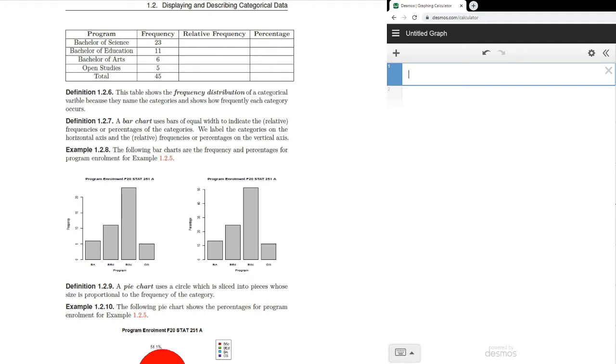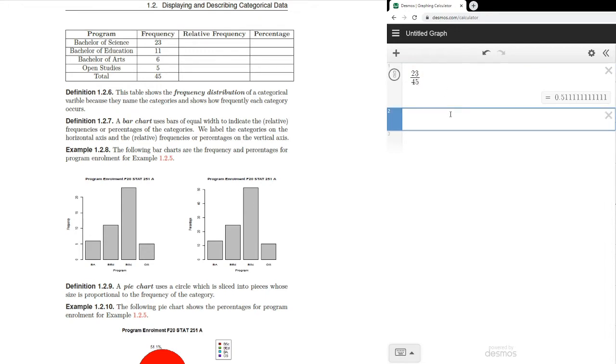To find the relative frequencies, we take each frequency in our table and divide it by the total number of students. So for the Bachelor of Science program, there are 23 students that are enrolled and a total of 45 students in the class. So to find its relative frequency, we're going to take 23 and divide it by 45, which gives us 0.51 repeating.